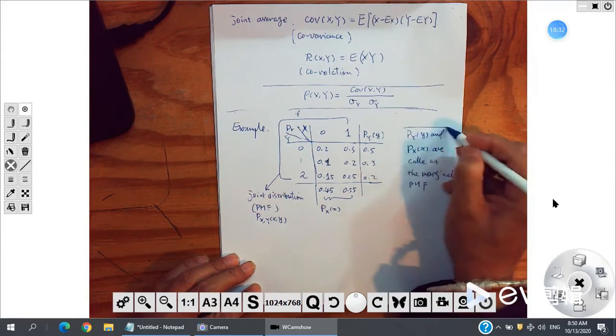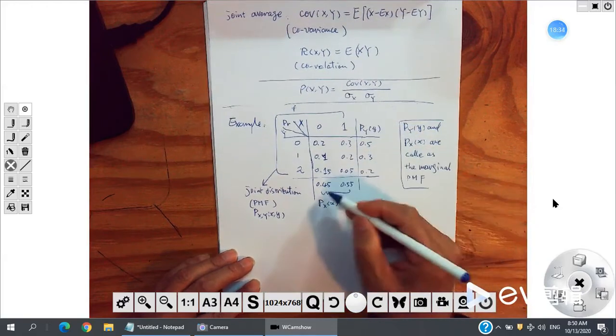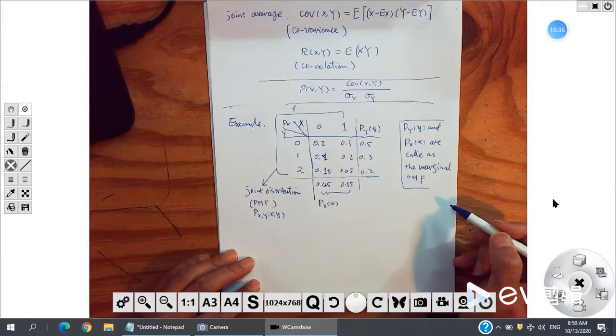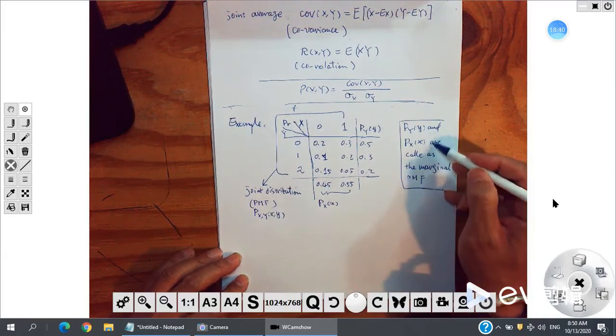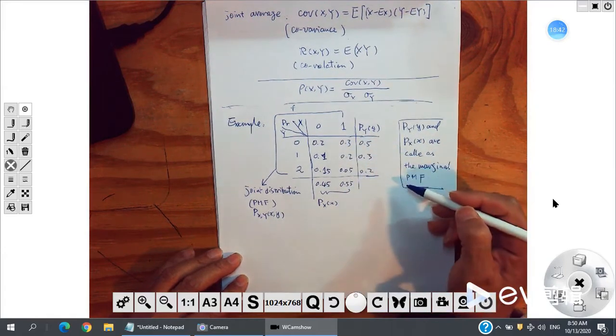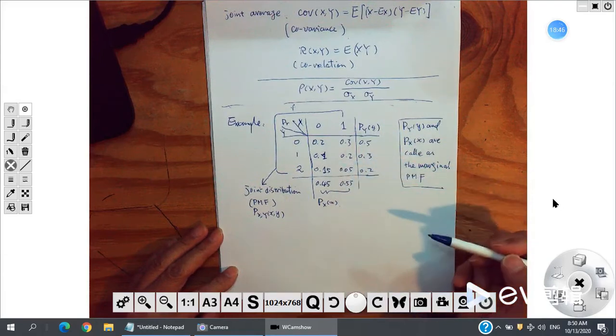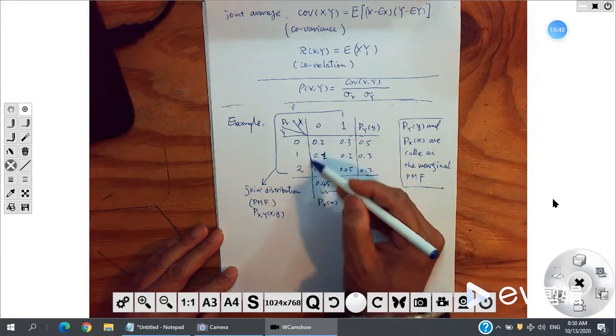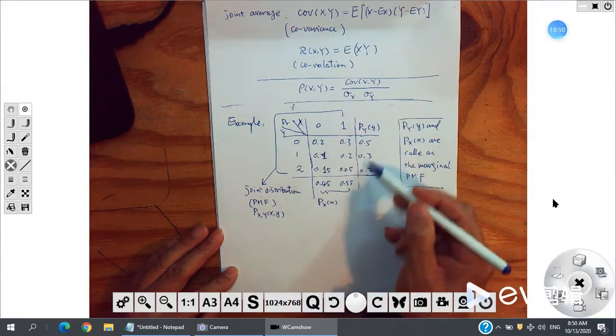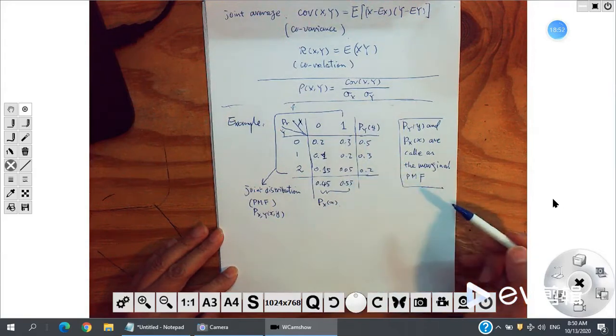So we have a name for it, right? They are in the margin, so we call them the marginal ones. Just a name. This is the joint. These are the marginals. I have two directions of marginals.